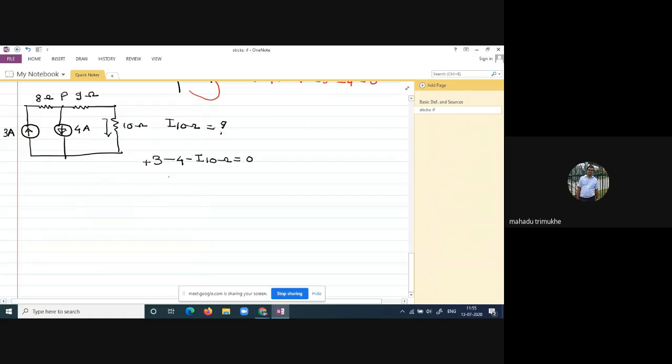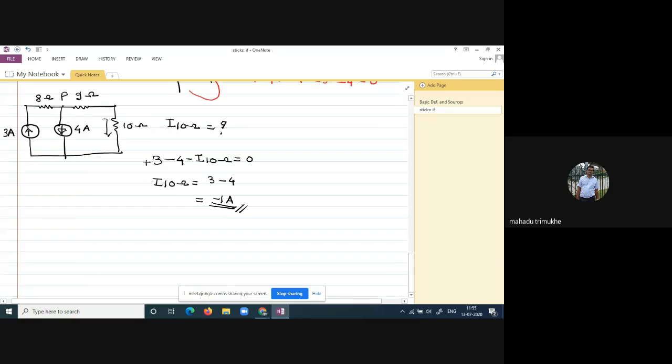Then you simply separate it out: I10ohm is equal to 3 minus 4. What is the current flowing through the 10 ohm resistor? Minus 1 ampere.